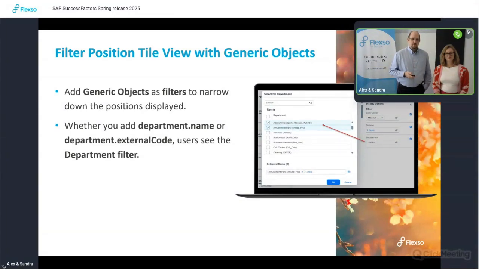As an example, if you're using the department name or the department external code as an option for the filter, then you would see the department filter and could use it to see the positions just from that department. So that's helpful if you want to filter down from all the positions that you have there.